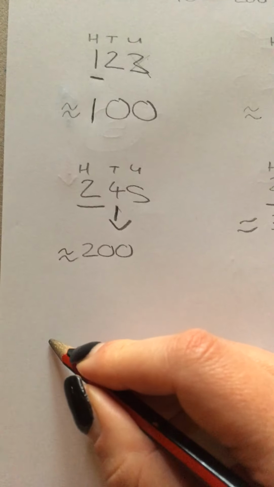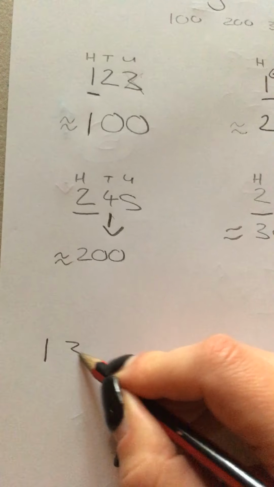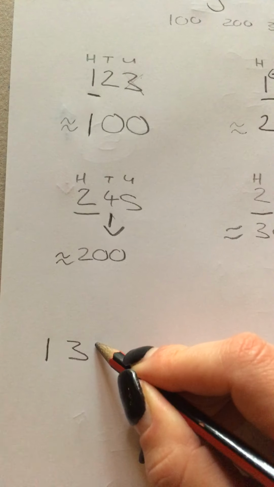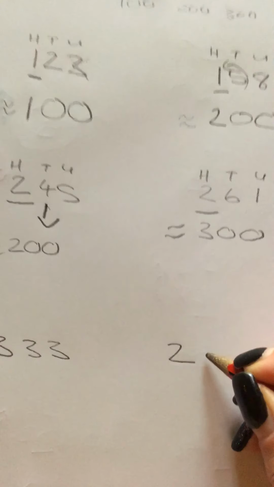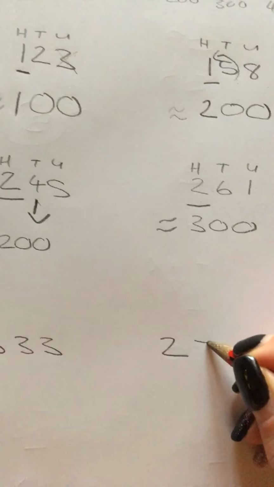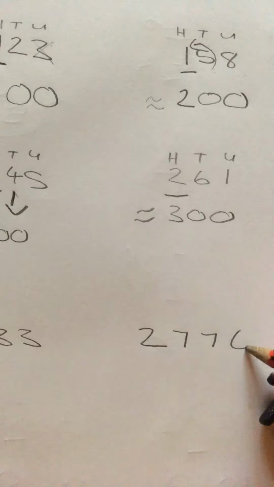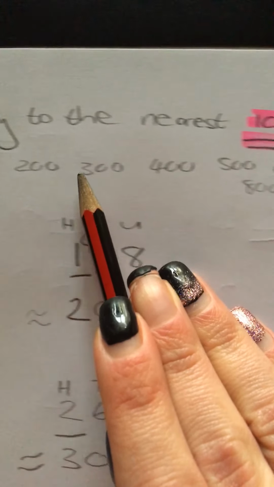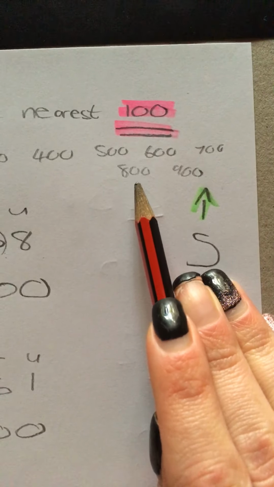I'm going to do one more, and I'm going to put a funny number in the beginning just so that you can see. 1,333, and then here I'm going to put 2,776. Okay, we're rounding to the nearest hundred, which means our hundreds should be any one of these numbers.